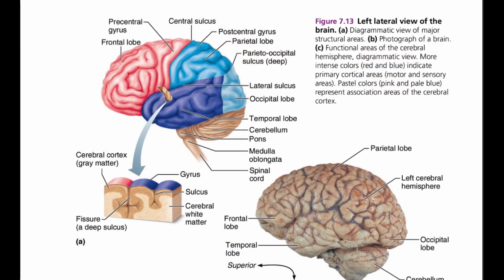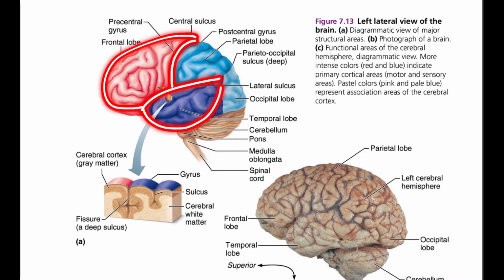In this diagram you see you have the central sulcus here, lateral sulcus here, frontal lobe, temporal lobe, and you have the occipital lobe and parietal lobe. So posterior to the central sulcus you have the postcentral gyrus, and in front of the central sulcus you have the precentral gyrus.